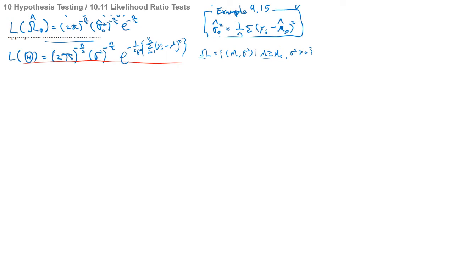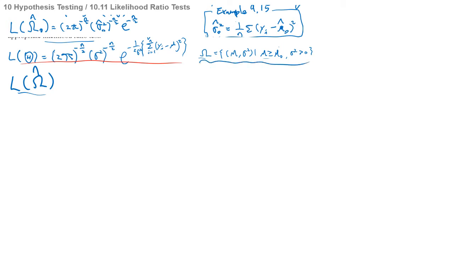Now let's move on to find L(omega hat). To calculate this number, you need to calculate the MLE under this space.